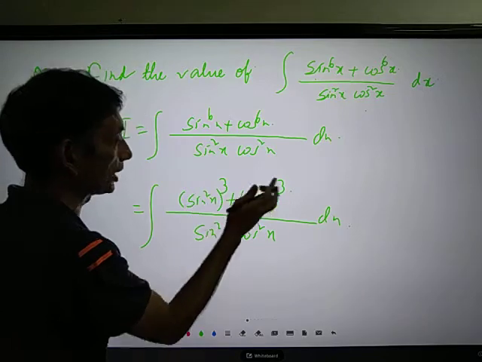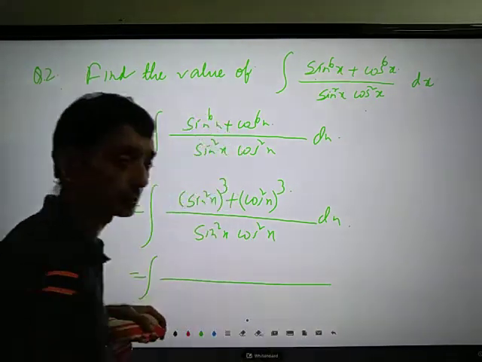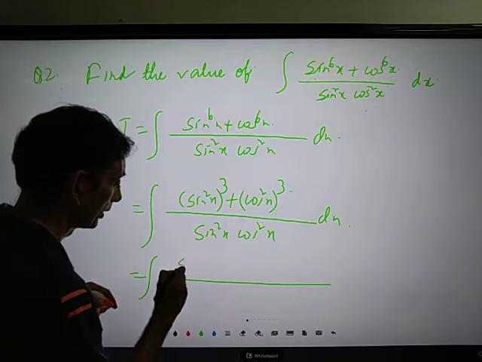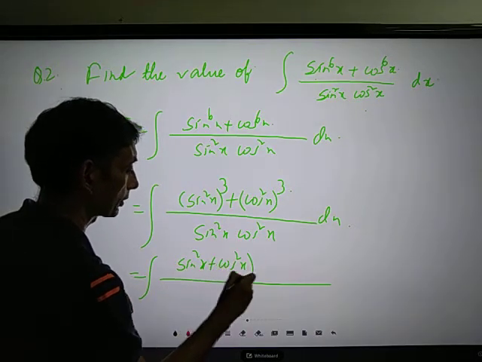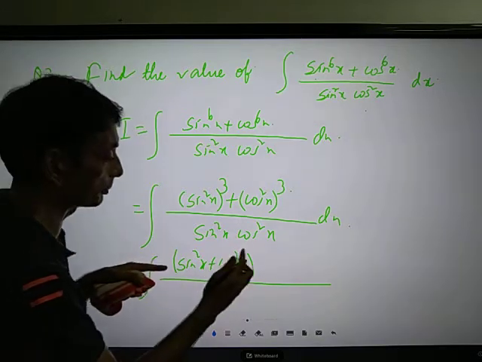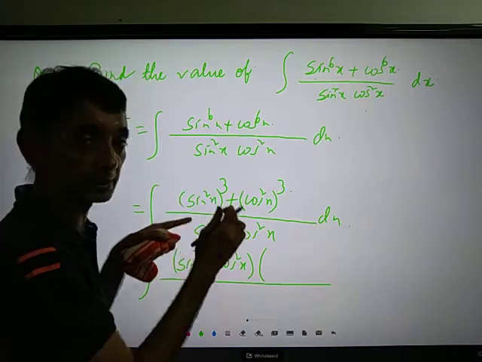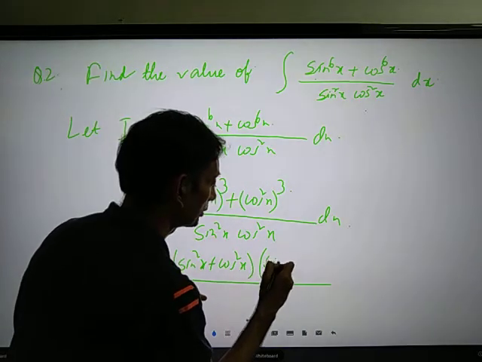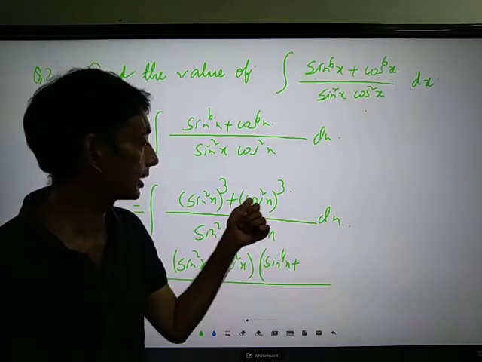Now this is a cube plus b cube, so we're going to write the formula for a cube plus b cube: a plus b, that is sin square x plus cos square x, then a square, where a is sin square x, so a square is sin to the power 4x, plus b square. What is b here? b is cos square x.